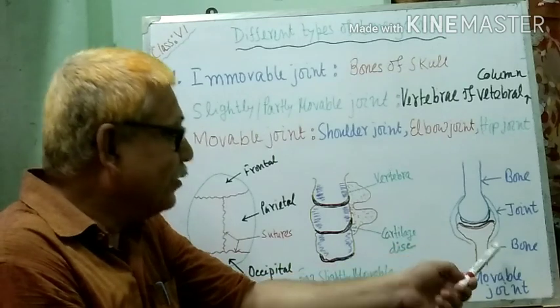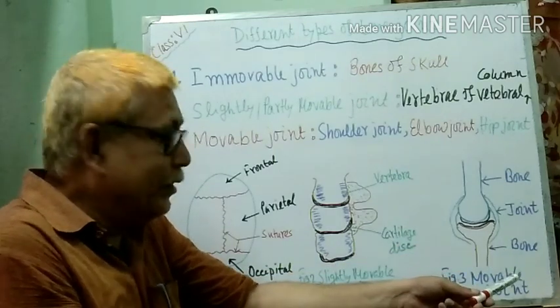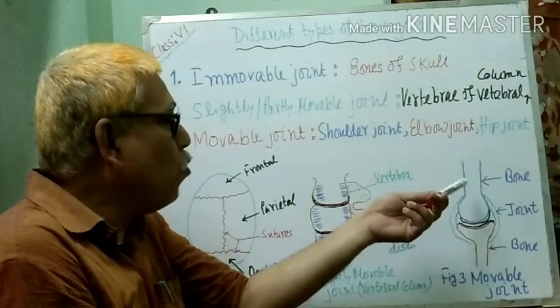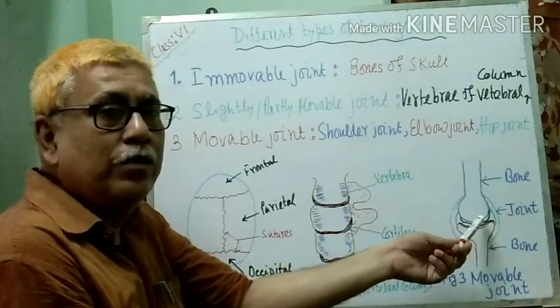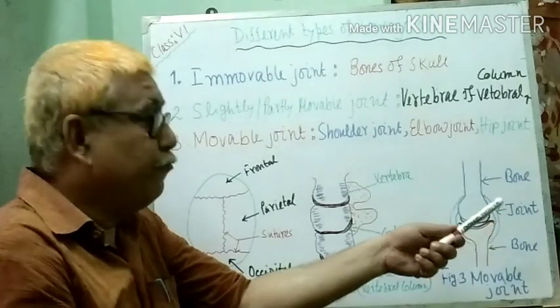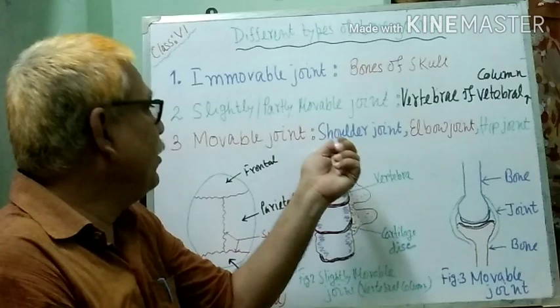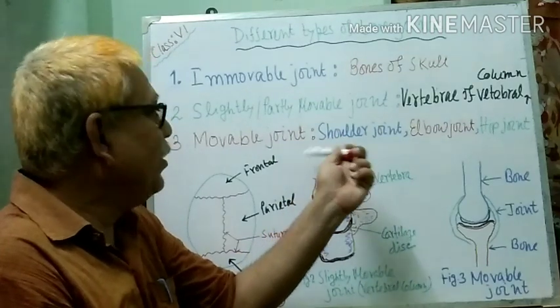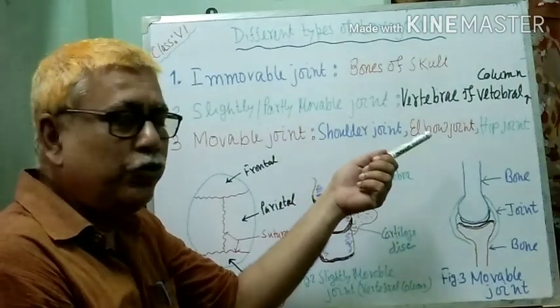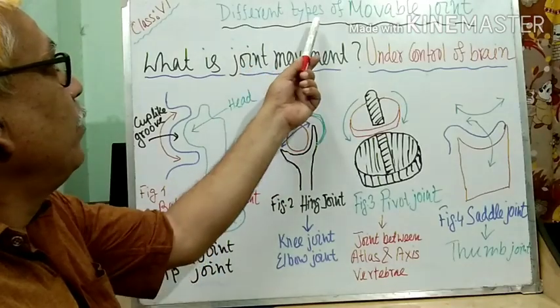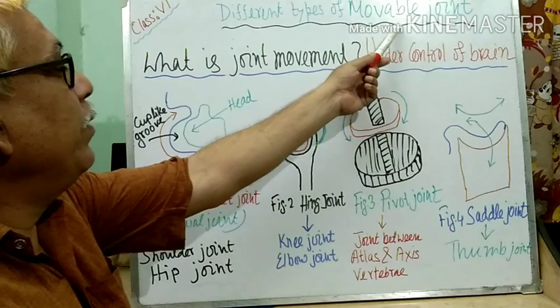And the peculiarity of this joint is that the bones of this joint are freely movable. So this is called a movable joint, for example shoulder joint, elbow joint, hip joint, knee joint, etc. Different types of movable joint.